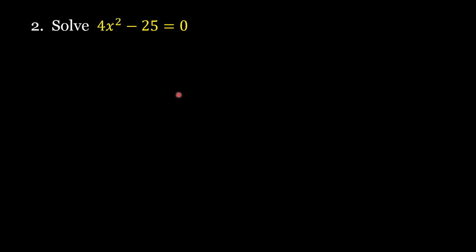Example number 2. 4x squared minus 25 is equal to 0. The left side of the equation is a difference of two squares. So we can apply factoring the difference of two squares. The factors are the sum and the difference of the square roots of 4x squared and 25.